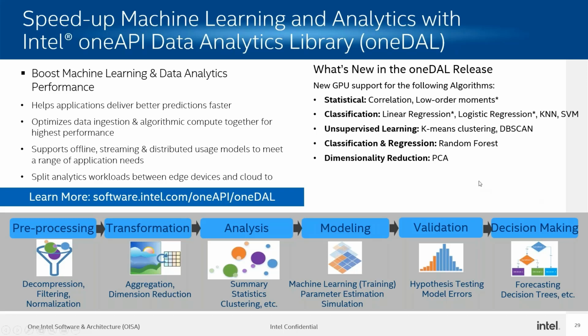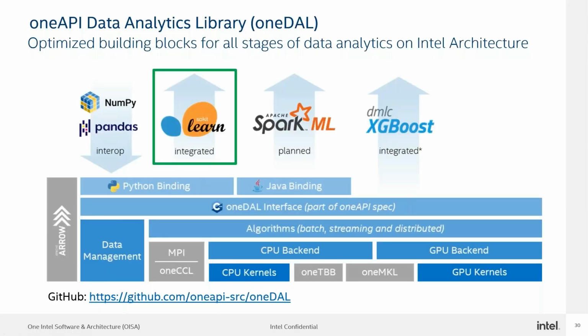Okay, let's move to the next page. This is the structure of Intel OneDAL. At the lowest level, we have the CPU core kernels and the GPU kernels.